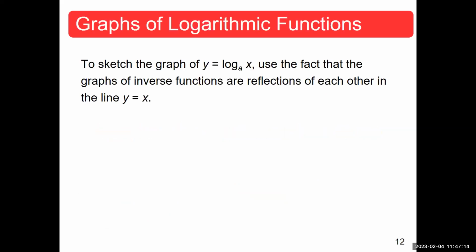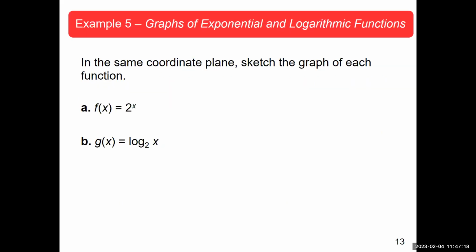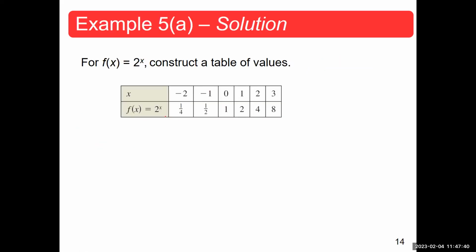Graph of the logarithmic function. We can make a table, the same way we did. Here they are comparing 2 to power x to log base 2 of x, because they are cousins. They represent the same things. So they have a table here. X: -2, -1, 0, 1, 2, 3.